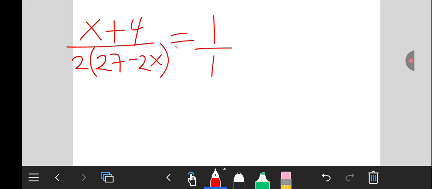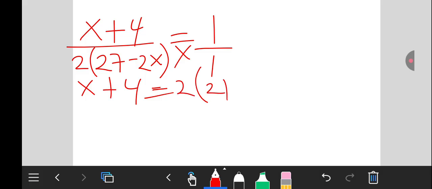We say over 1 and we cross multiply. x plus 4 multiplied by 1 is simply x plus 4 is equal to 1 multiplied by 2 open bracket 27 minus 2x, simply 2 open bracket 27 minus 2x.